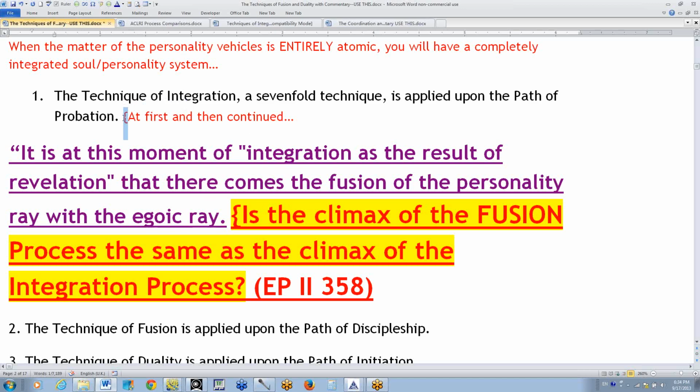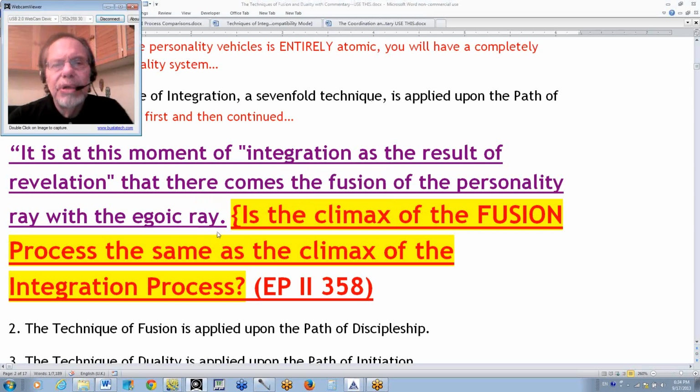So if this technique of integration, a sevenfold technique, is applied on the path of probation, it certainly doesn't end there, because if you have a fusion of the personality ray and the soul ray, then we are well beyond the probationary path.